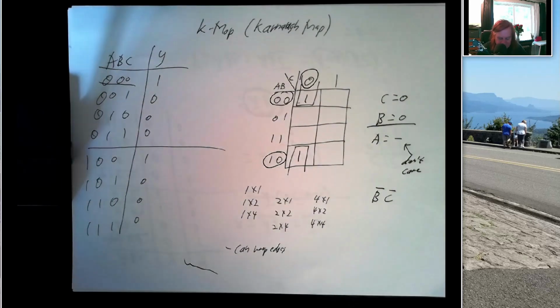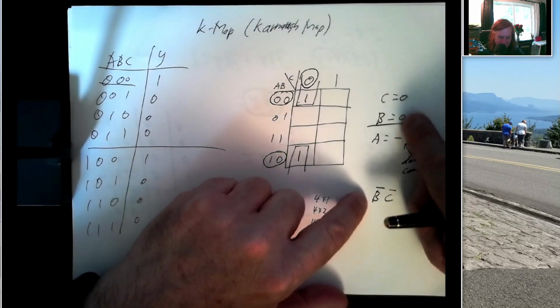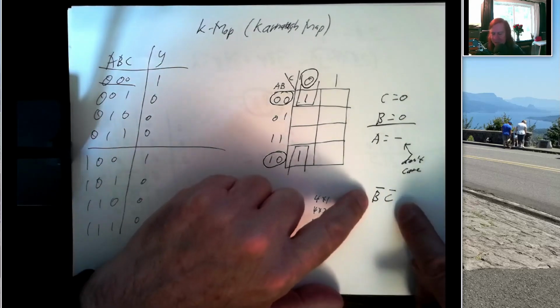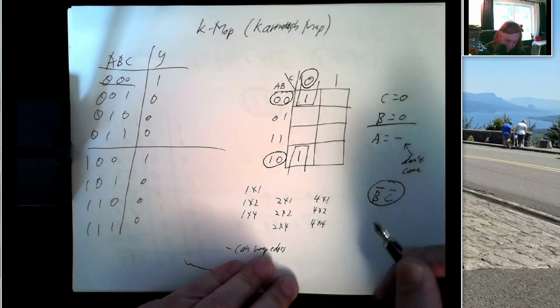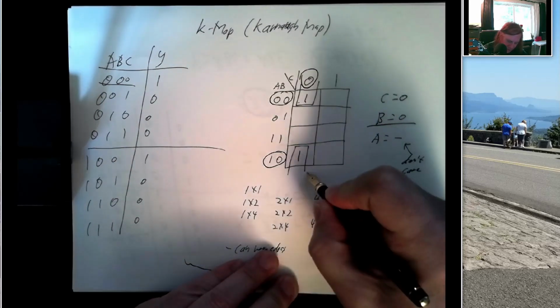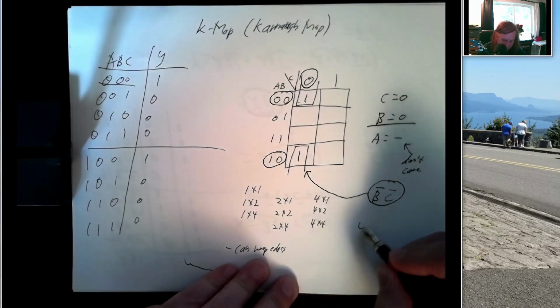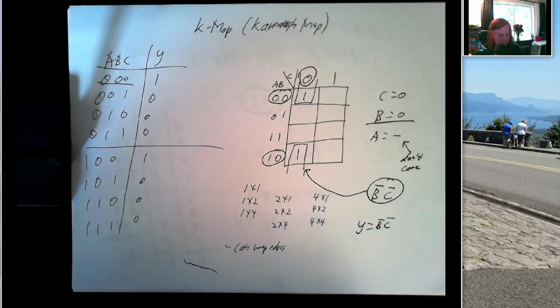Right? So as long as B and C are both 0, this expression will be 1. And in any other case, if either of these is a 1, then this expression will be a 0. So this expression, this product term, corresponds to that rectangle. And so here we would write the equation y equals B bar C bar, and we would be done.